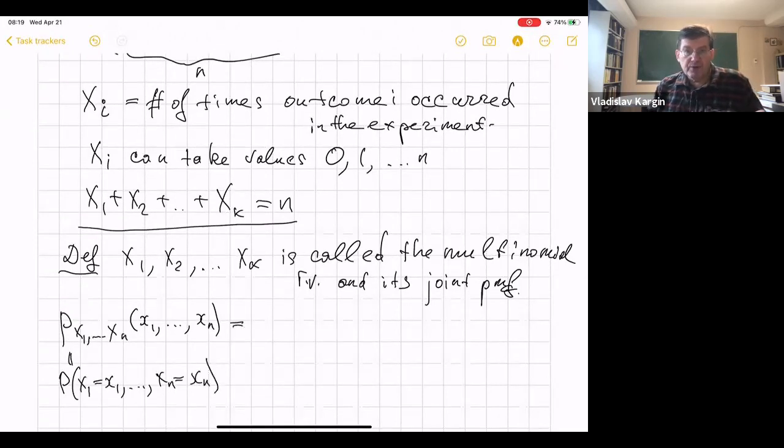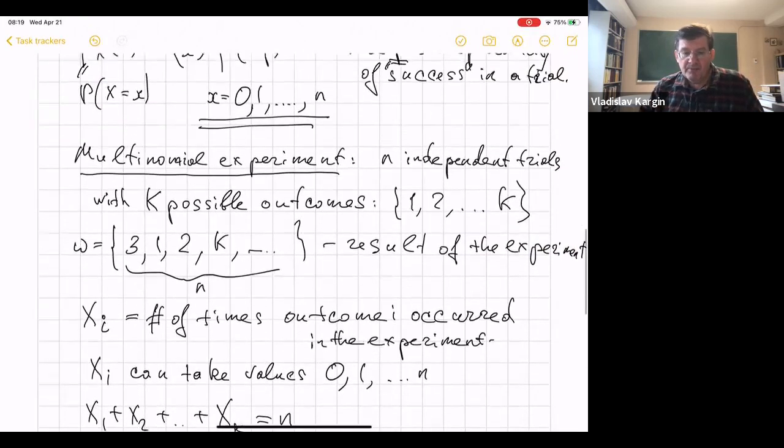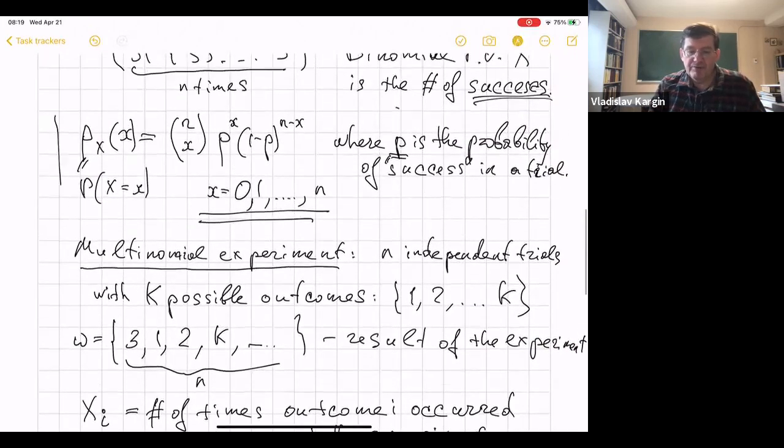I will not prove it, as we don't prove much in this section. I'll just say that it can be proved using the same method as for the binomial random variable, and that it's equal to a multinomial coefficient. Before that we had a binomial coefficient right here in this formula. So this was the formula for the binomial random variable.